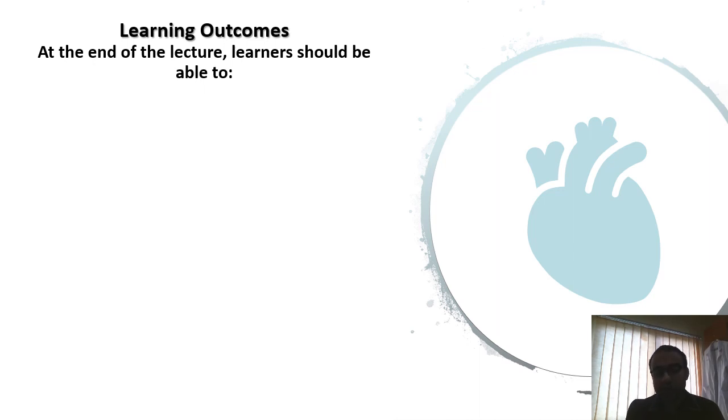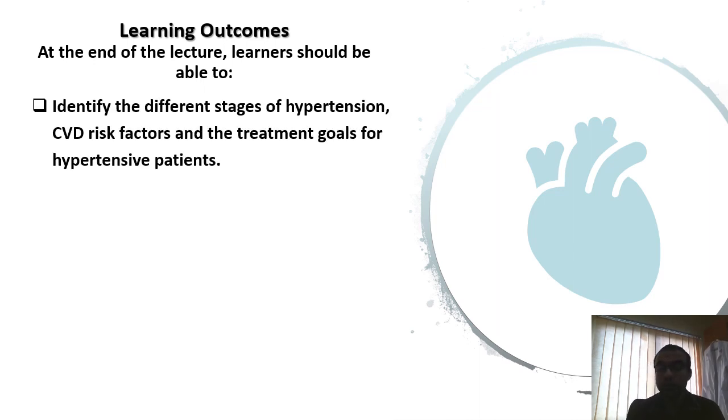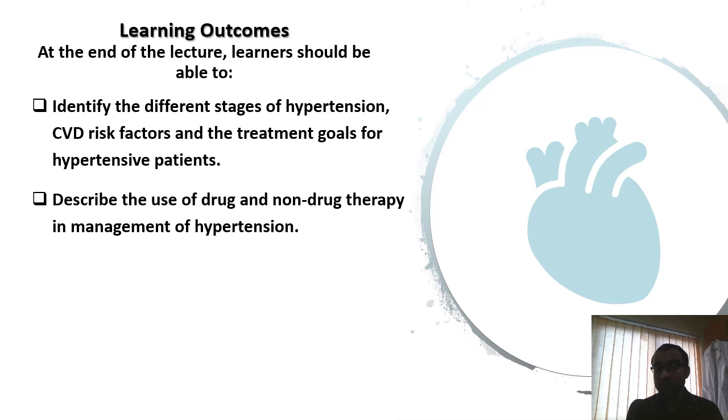Our learning outcomes for today: we want to discuss hypertension definition, staging, and classification in the context of the cardiovascular risk factor. We also want to describe what we have as drug and non-drug recommendations for management of hypertension.